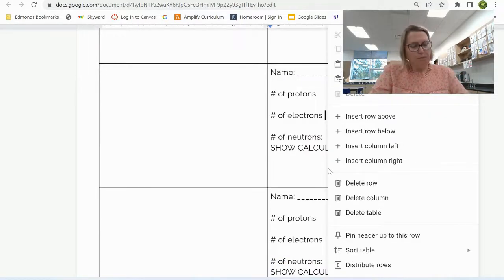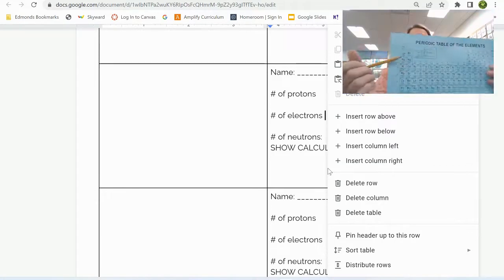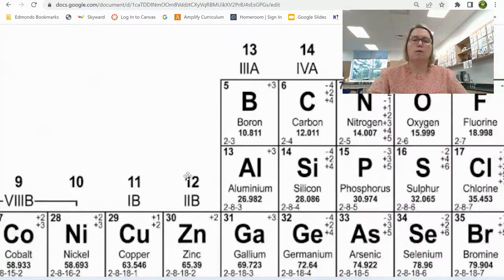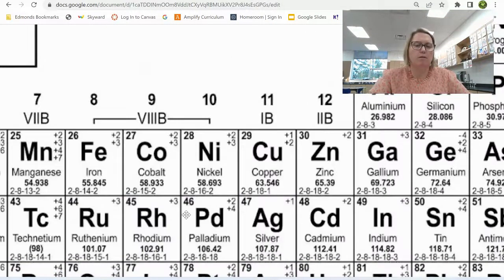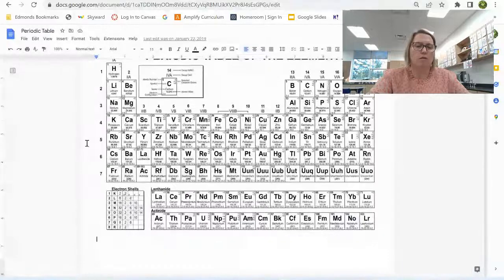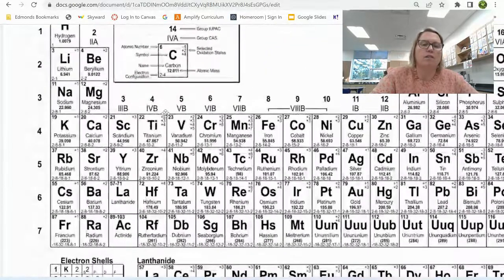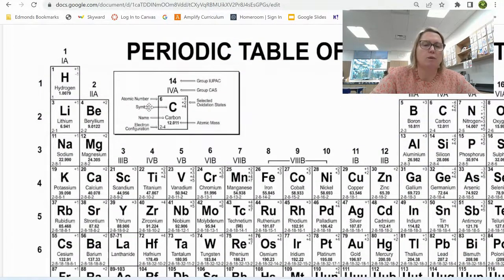Let's choose another element just to get the hang of it. One more. Let's do sodium. Sodium has an atomic number of 11, and you can see it right here, Na. I'm going to go to the periodic table. All of this is on your periodic table, which should be on page 25, the atomic number and atomic mass.